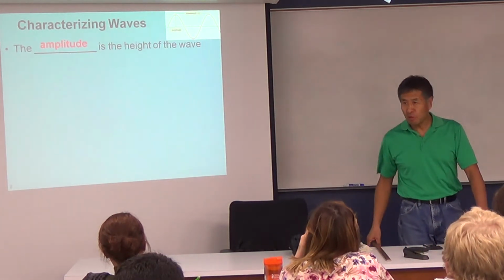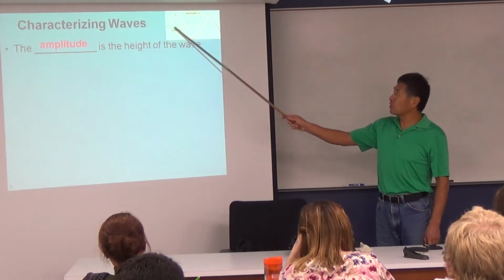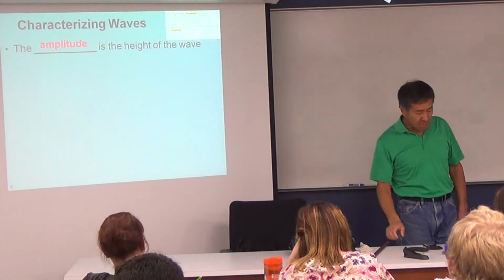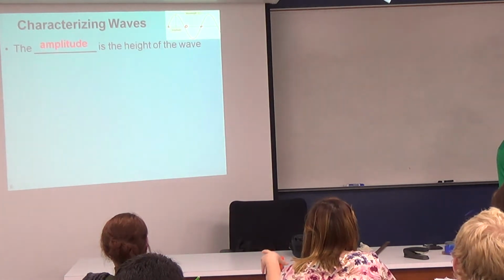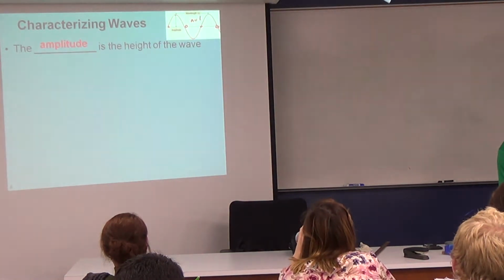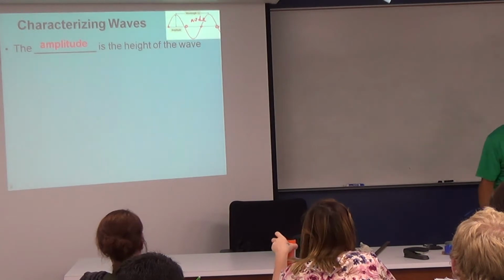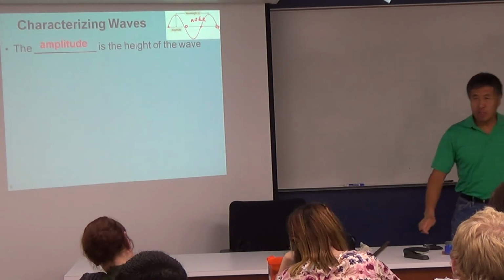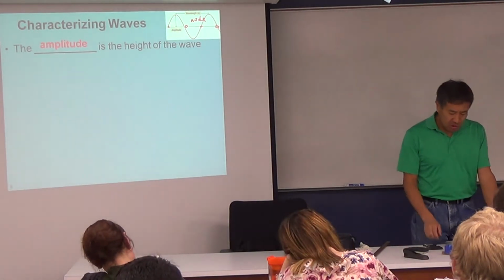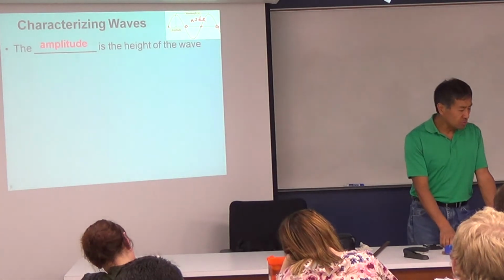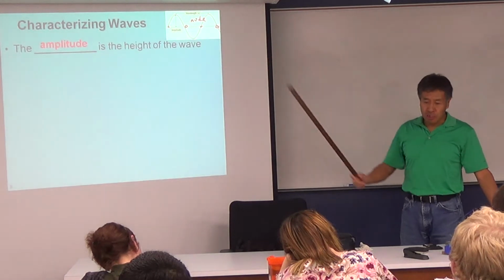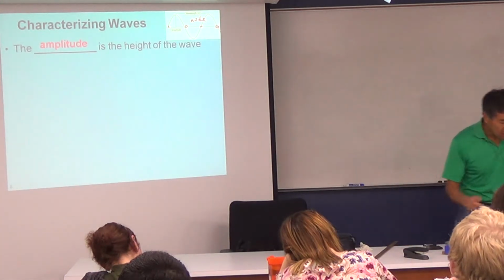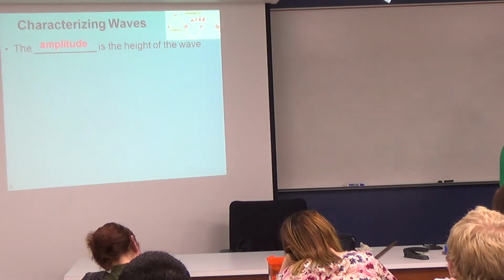So usually when we see those kinds of waves, we will see the middle line has those points. Those points here, we call them nodes. So the amplitude is the height of the wave, which means you can measure from the node to some other point, and the highest point here, we call that crest.